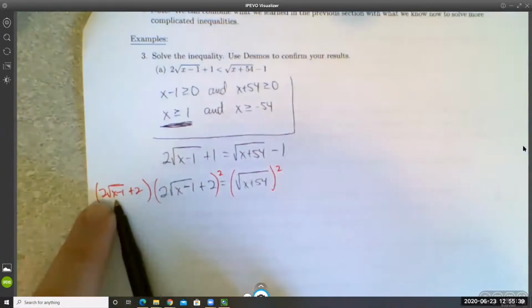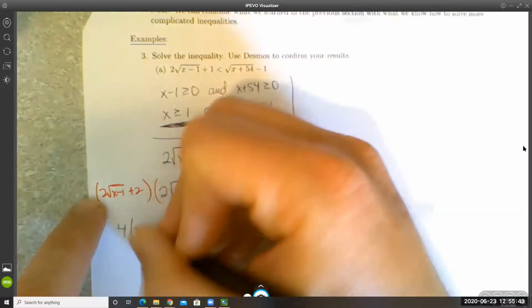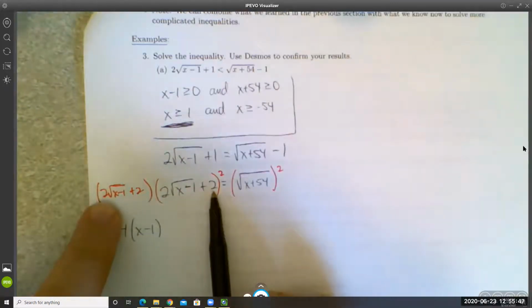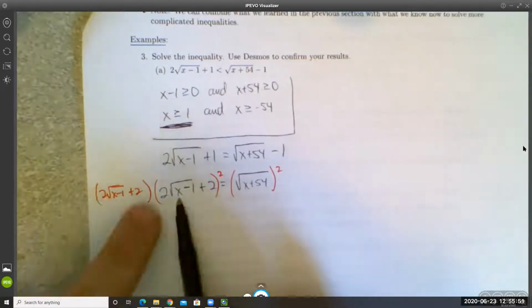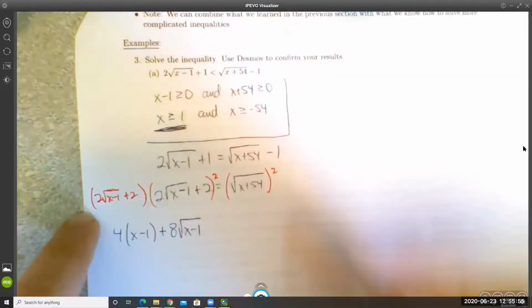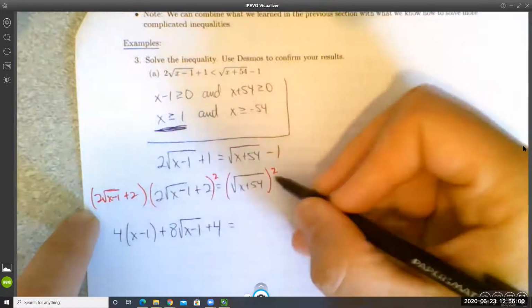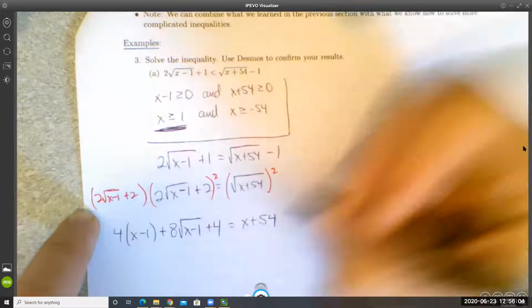But if I FOIL this, I'm going to get 4 times x minus 1 plus 4 times the square root of x minus 1 plus 4 times the square root of x minus 1. That's going to be 8 times the square root of x minus 1. And then plus 4 equals, here the square root and the squared just cancel and leave me with x plus 54.